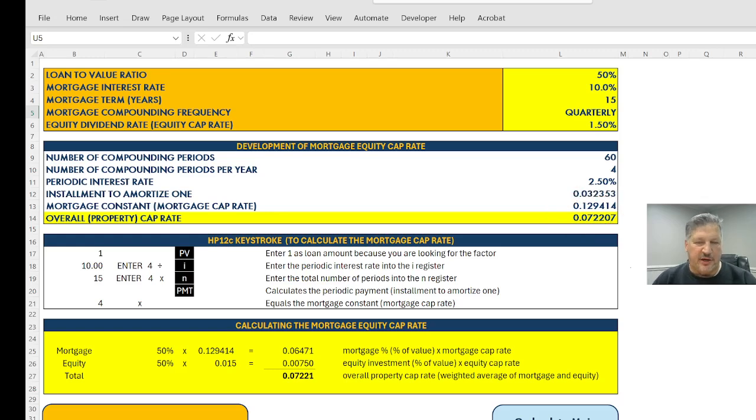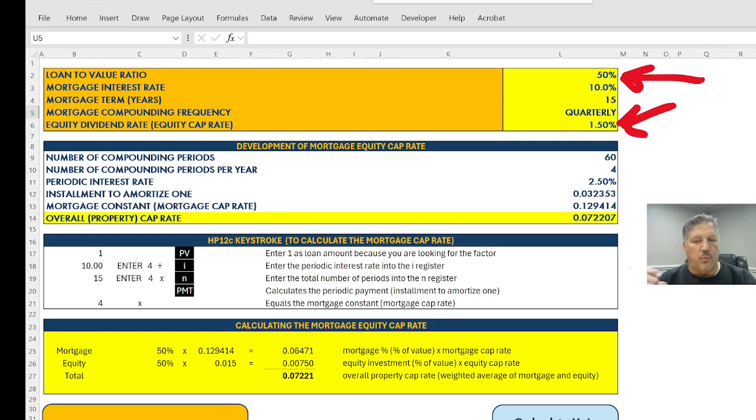Now, because of the information you're provided for this problem, for these variables up here, you weren't given the information directly regarding the cap rate for the mortgage. You were given the equity cap rate, and you were given the percentage of value for the mortgage, so you also now know the percentage of value for the equity.